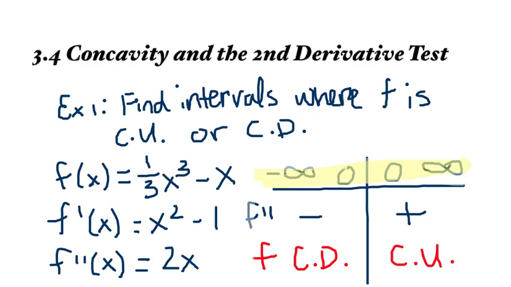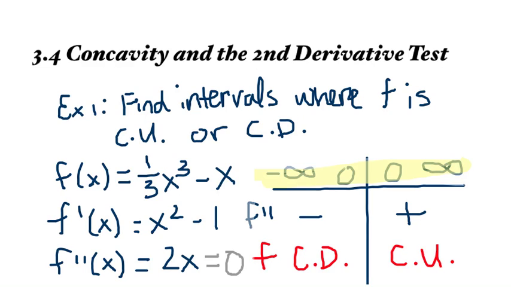We got that 0 by setting the second derivative equal to 0, and we're determining where our possible points of inflection are. So we set this equal to 0, and that's how we were able to determine that 0 is a possible point of inflection. And then plugging in test points to the second derivative, you see that anything from negative infinity to 0 gives us a negative value.